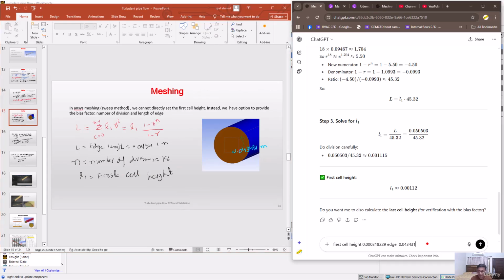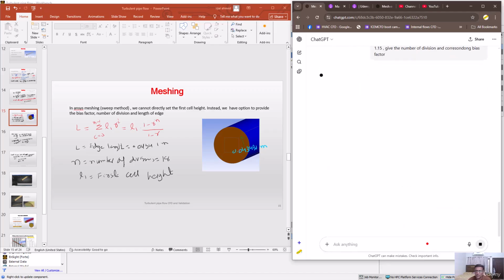So I'm setting my growth rate as 1.15, and asking here to give the number of divisions and corresponding biasing factor. You can calculate that through Excel also, but that requires some numerical methods to solve these equations. ChatGPT can give you these values very quickly, so do use it.